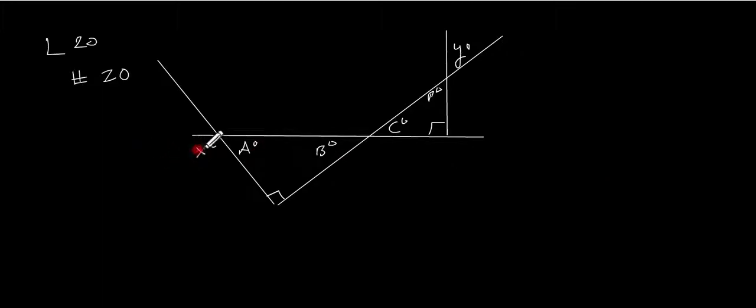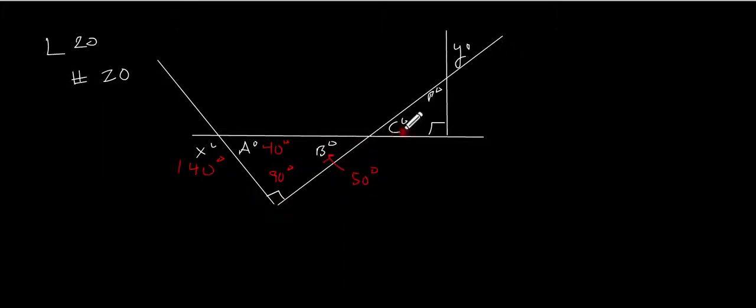So X is equal to 140. So we have this one is 140. Because X is 140 and these lie on the same line, we know that A is going to be 40. Now, we know that this is 90, so we can find B. So we're going to take 180, because in a triangle the degrees add up to 180, minus 130, and we're going to get 50 degrees. B is 50 degrees.